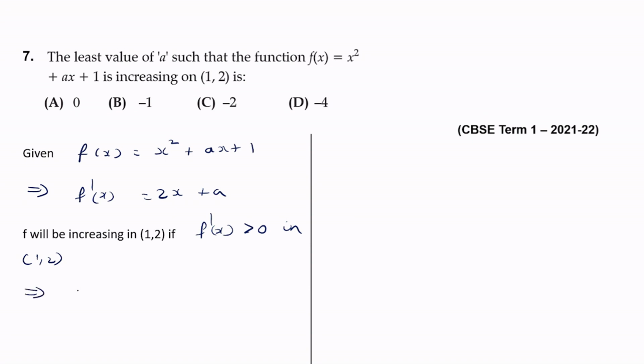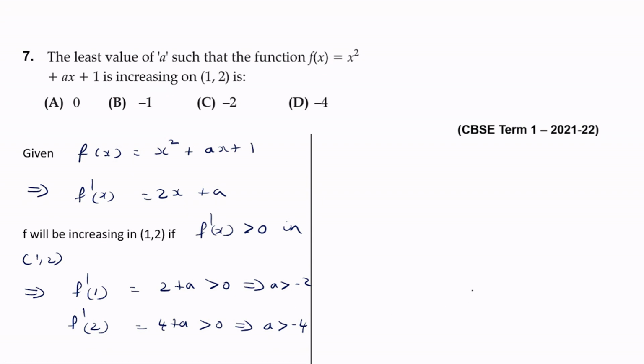So from this we get f dash of 1 equal to 2 plus a greater than 0, which implies a is greater than minus 2, and f dash of 2 equal to 4 plus a. This should also be greater than 0, implies a is greater than minus 4. So here we have to find the least value of a such that we have this function increasing on 1, 2.